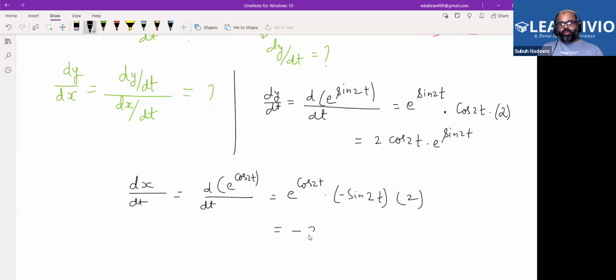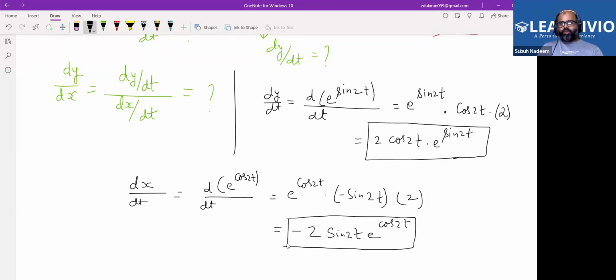So it will be minus 2 sine 2t into e to the power cos 2t. So this is what you are getting as dy by dt, and this is what you are getting as dx by dt. Now proceed further.